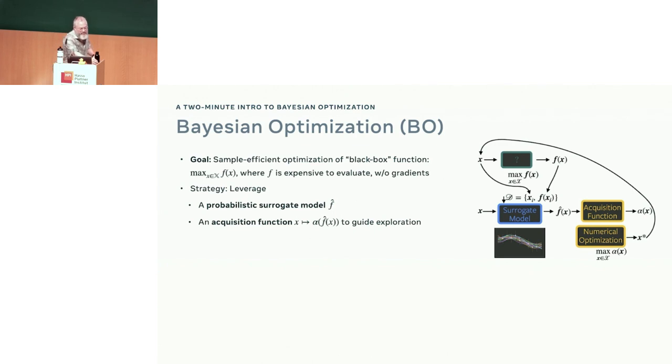For those of you who are less familiar with Bayesian optimization, I'm sorry. Hopefully this is going to be at high enough of a level that most of it will be understandable.